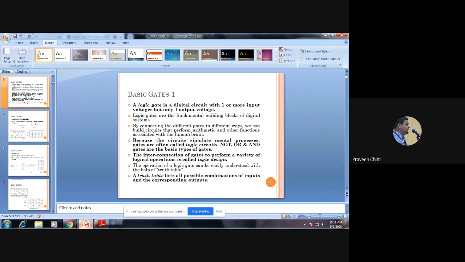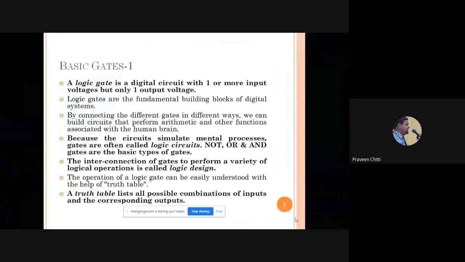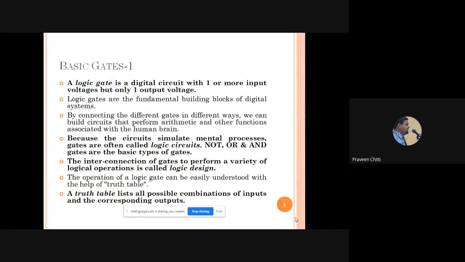Basically digital electronics is the study of those logic circuits which follow 2 states of operation, right? And the 2 states can be represented as either high, low, on, off, true, false, 0, 1, etc.